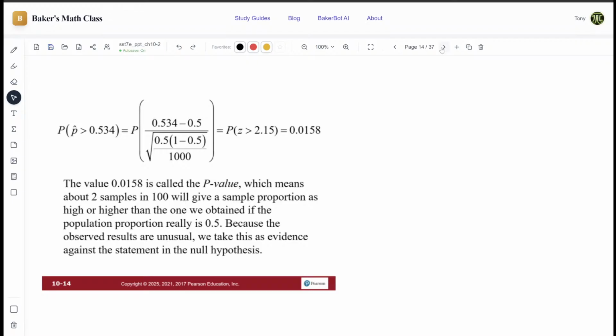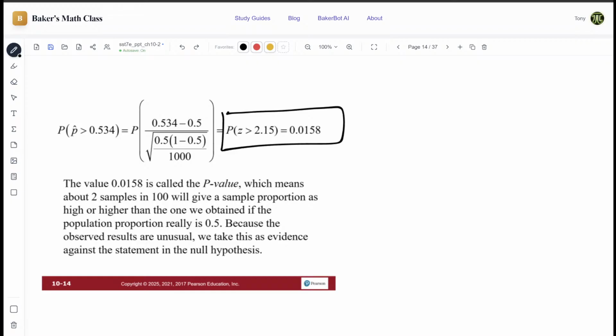The piece that's going to change is the last part. So we're then going to figure out what the probability of that occurring is. So what's the probability that the z is greater than 2.15, and it's 0.0158? And you can get that from the tables, which you're not going to have to do.